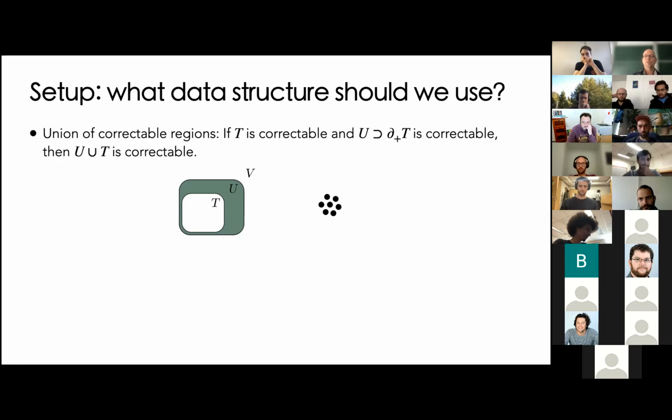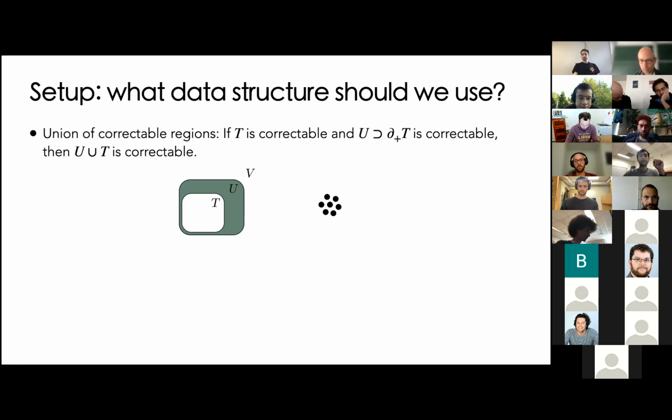The one result that helps us understand what data structure we need builds on this notion of correctability. It asks: if I have two correctable regions, in this case T and U, and I know that T is correctable, and I know that U contains the qubits that are just outside of T, then in what cases can I envelop this entire region and declare that the entire thing is correctable?